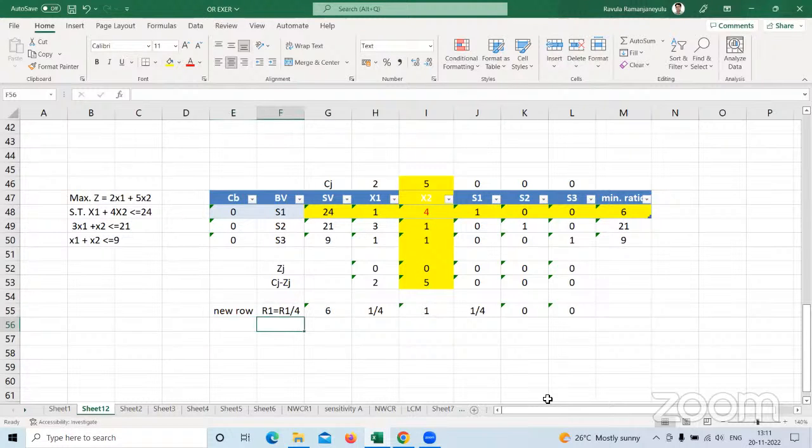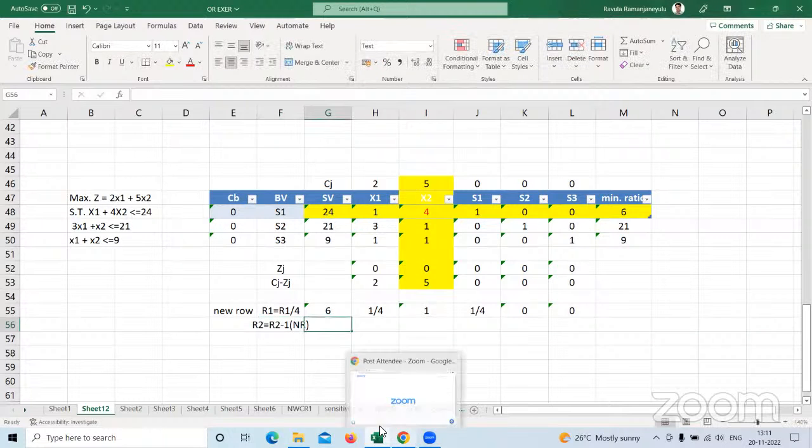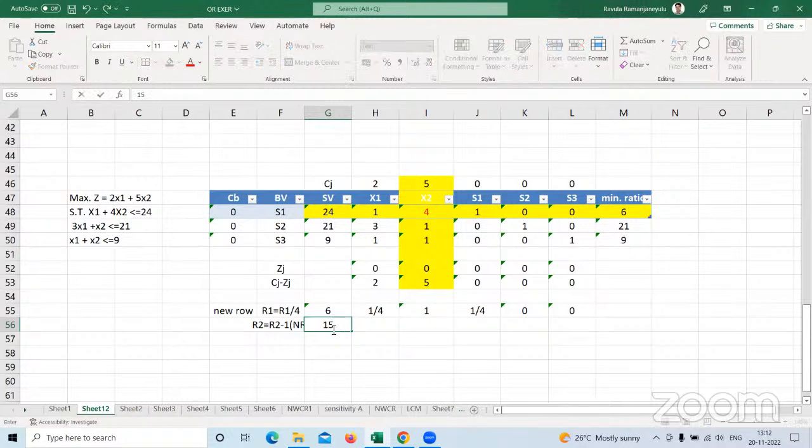Then row 2 is obtained by R2 old values minus key element of row 2, which is 1 only here, into the new row value. Calculate in this way: 21 minus 1 into 6, so 21 minus 6 is 15.